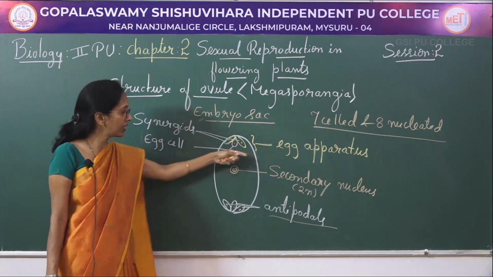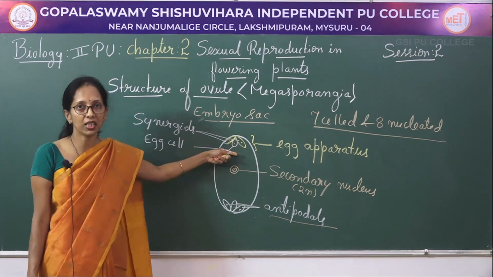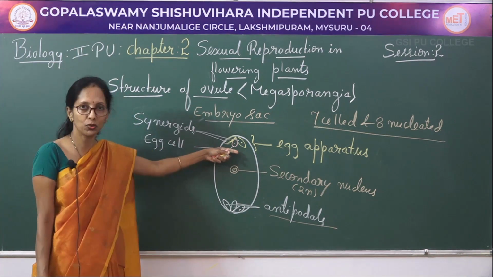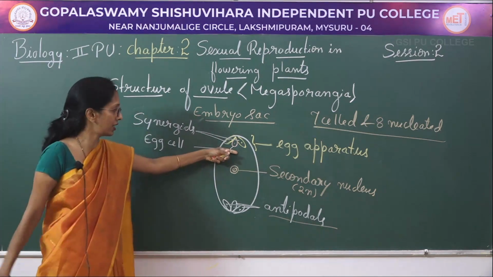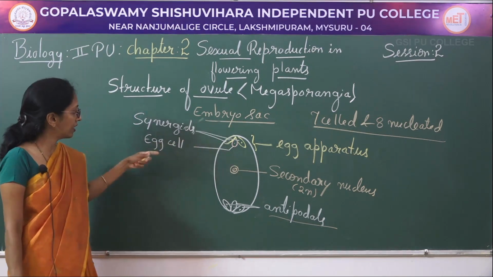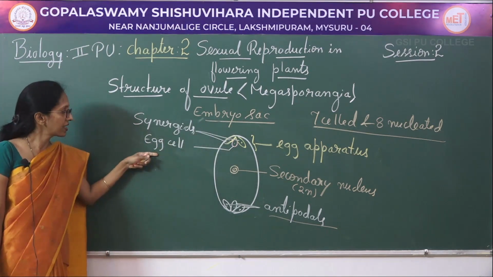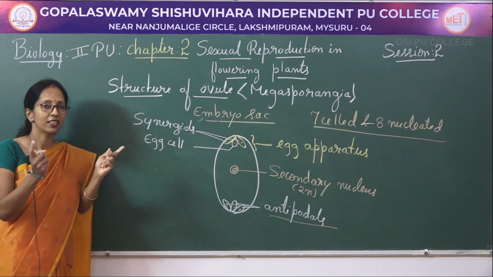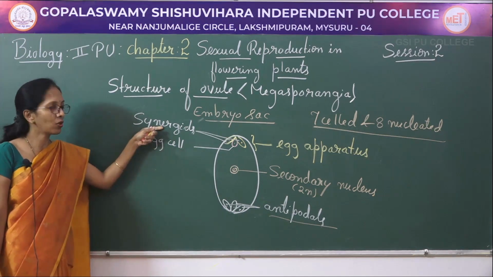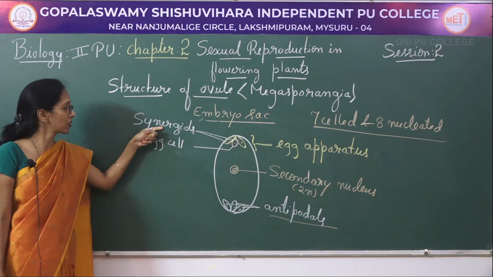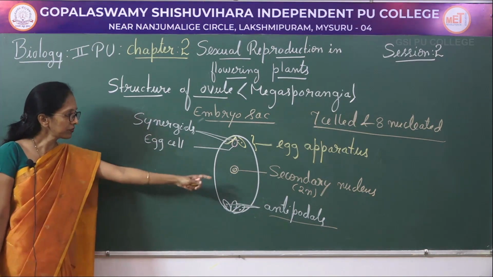the egg apparatus, that is the group of 3 cells present towards the micropylar region. Out of these 3, one is said to be the egg cell. On either side of the egg cell, there are 2 supportive cells said to be synergids.